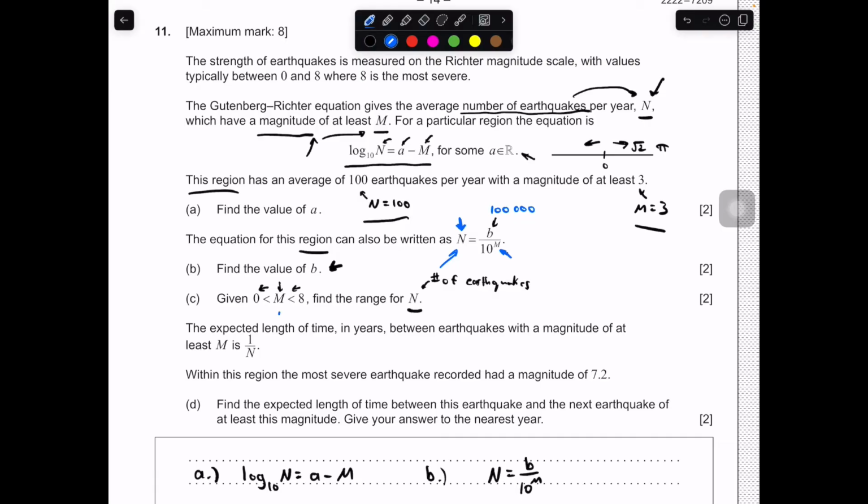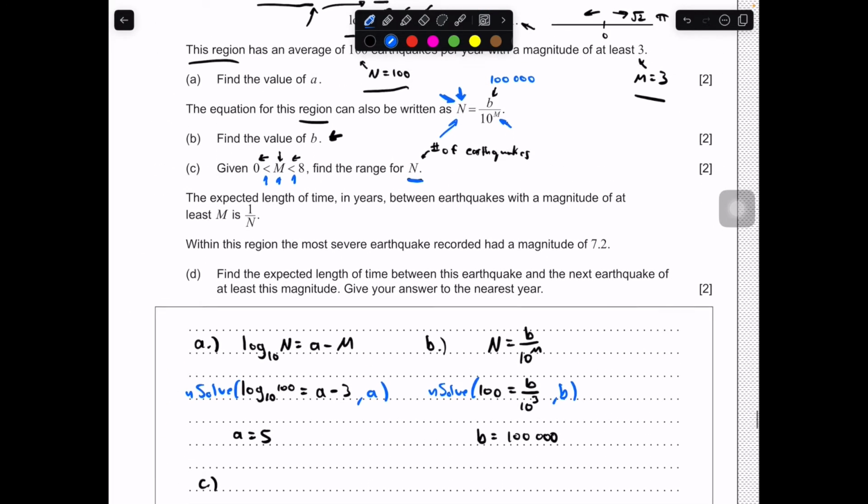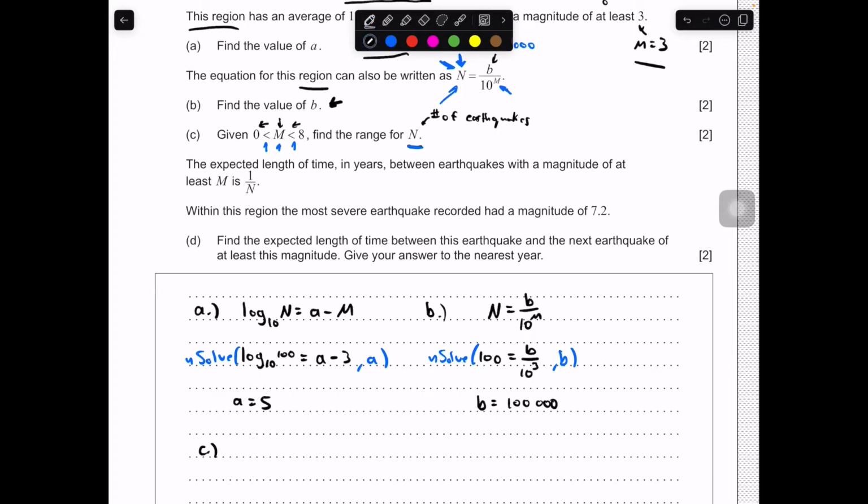So given that we have a strength that is greater than 0, but less than 8, find the range of n, the number of possible earthquakes. So how would we find n? Well, it's given by this equation right here. So let's go ahead and write that out. n is equal to, we found out what b was, over 10 to the power of m.